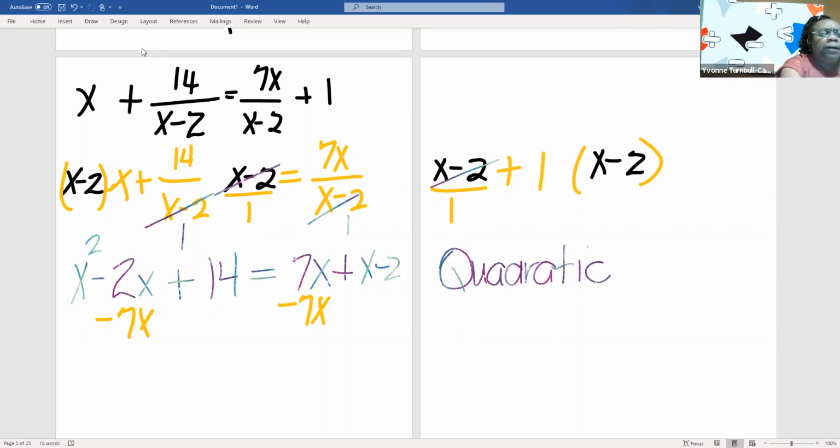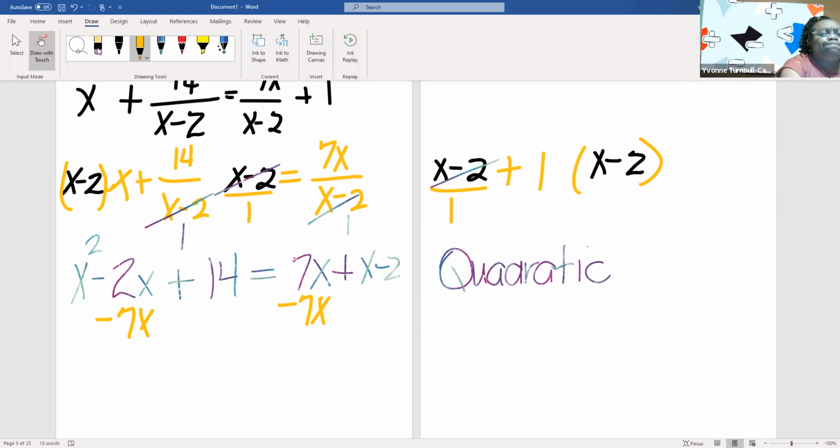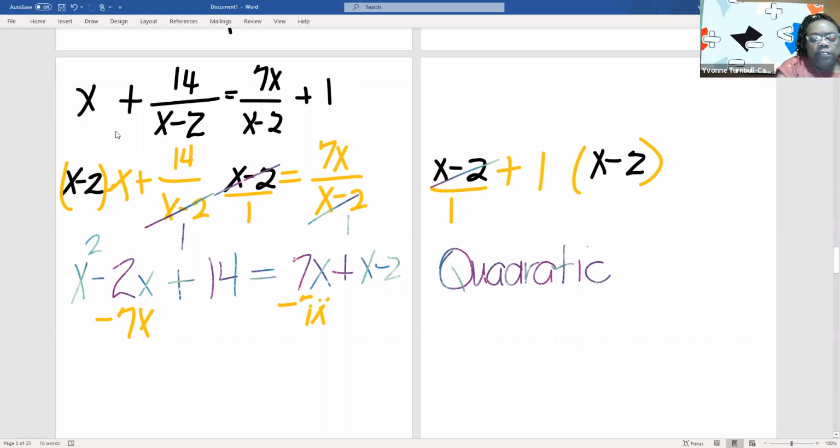That's what I usually do. I combine like terms and then take it over. I see a quadratic, so I'm going to combine my like terms and then get everything set equal to 0. I think it works better that way.